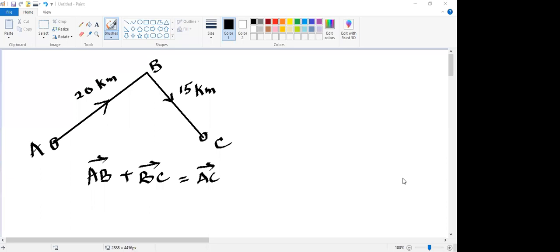Yes, Rama? Teacher, it is called a scalar. That then is a scalar. So we have vector and we have the scalar.